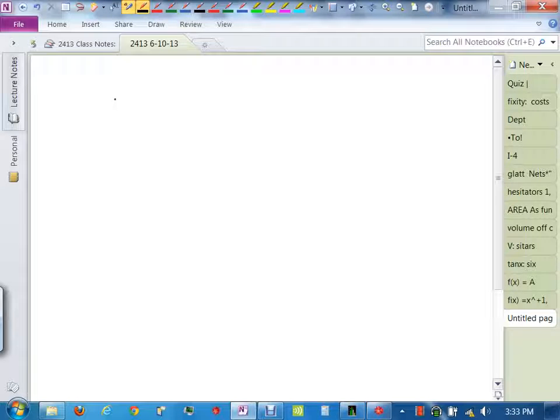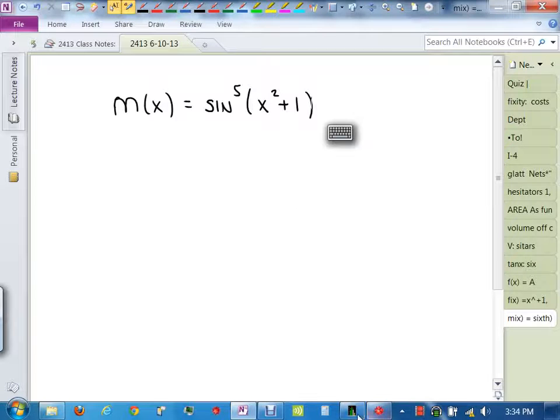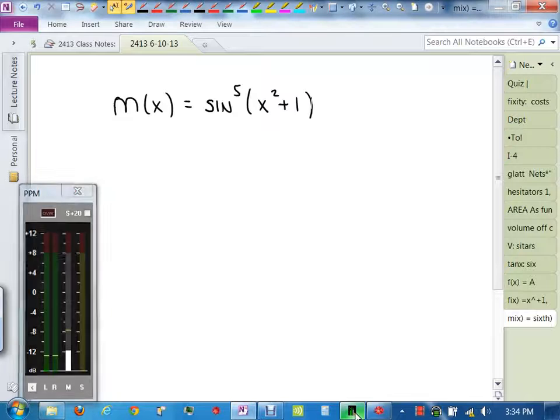So I'm starting out with this function M of x equals sine to the fifth of x squared plus x. All right.